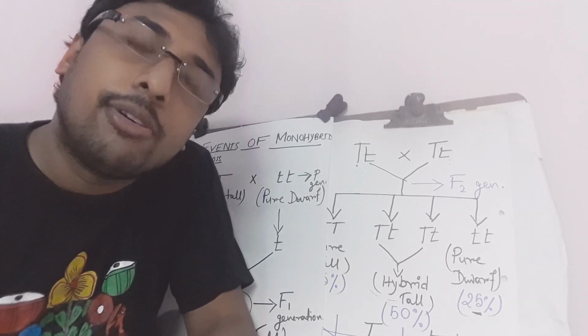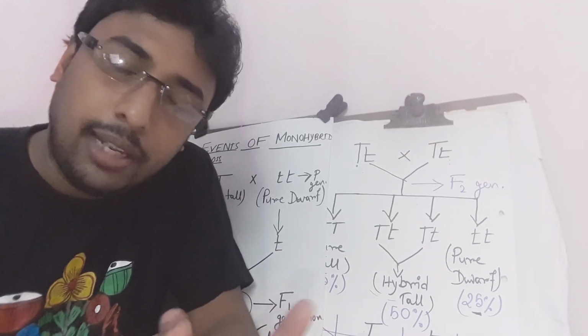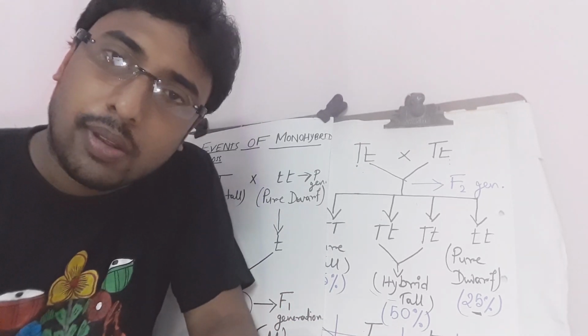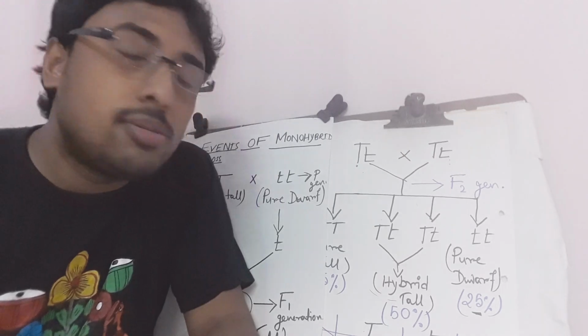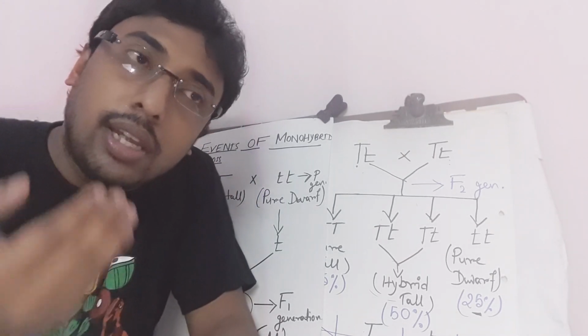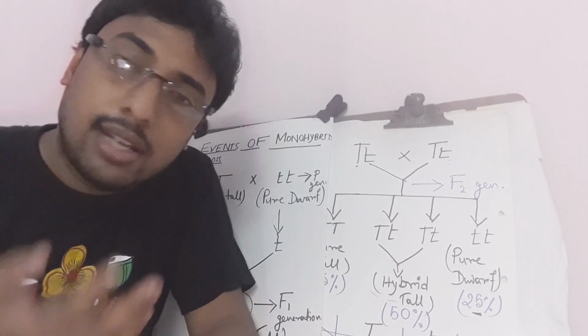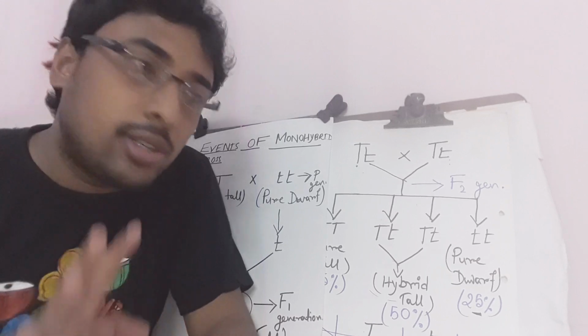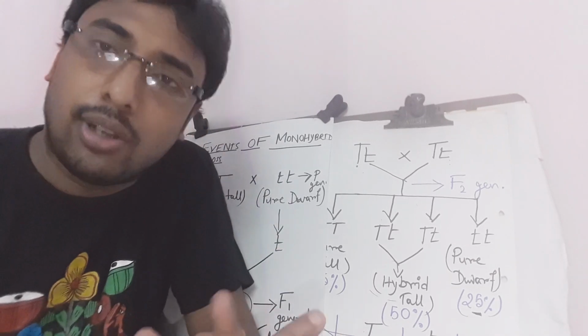But if you think the genotypic character, that is different. Why? In genotype, capital T, pure tall, but capital T, small t, externally you are not thinking about it. You have to think according to genetical analysis. So that is capital T small t. So it is not pure tall, it is impure tall, or you can say hybrid tall.